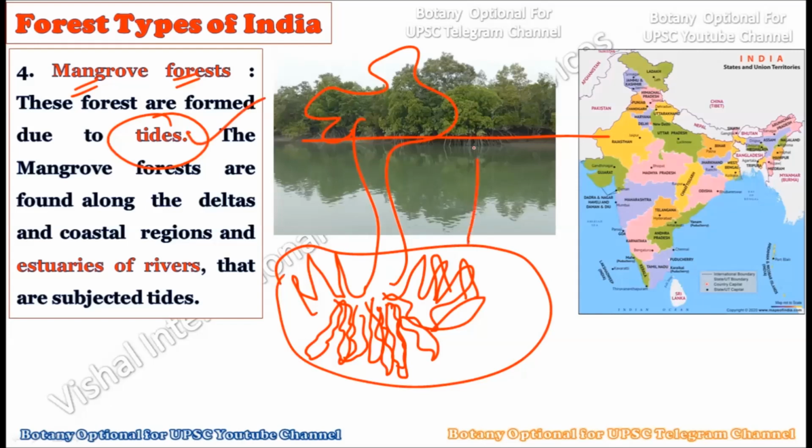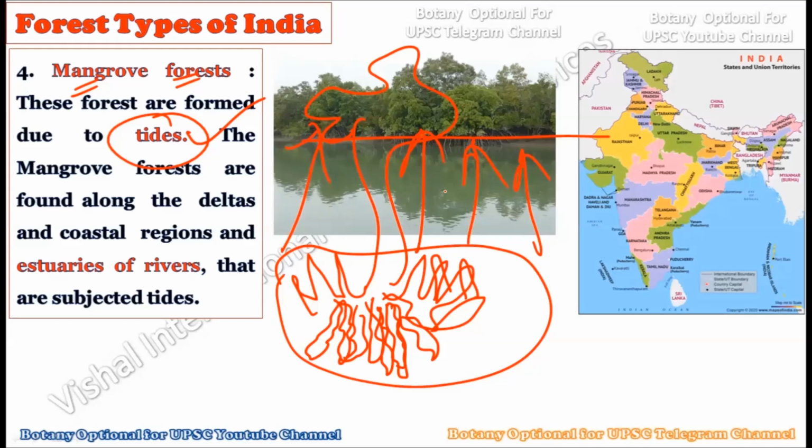Because there is a regular stress of the tides on these mangrove plants. When present along the seashores, they are continuously pressurized by the tides. Tides are continuously coming to their roots, and hence they have roots which come out of the ground and spread around in every possible direction of the plant body, and that is why they can hold themselves in such a saline condition.